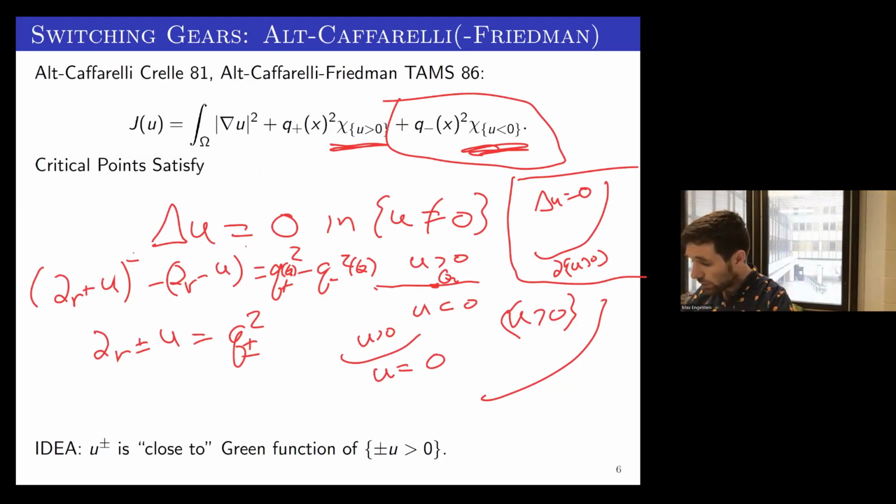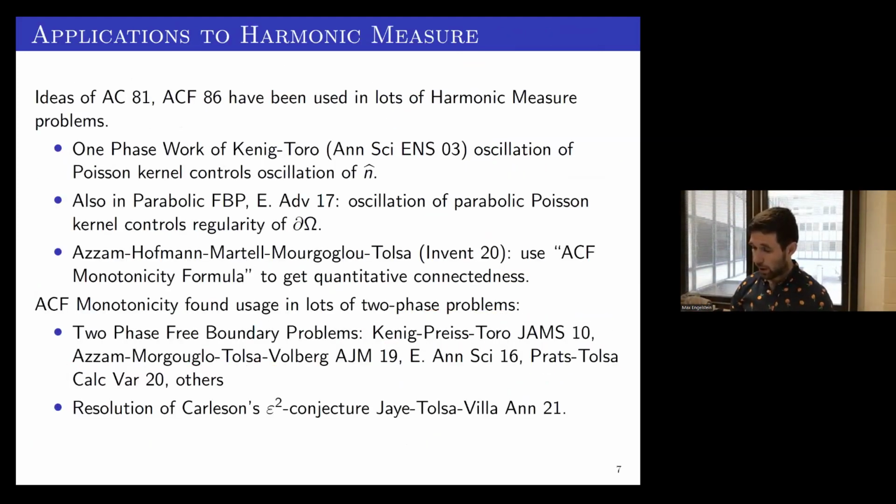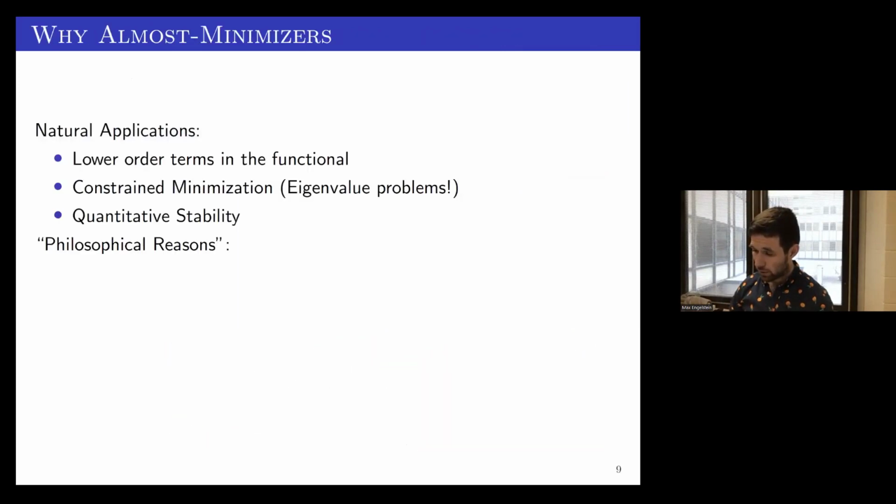If you know that this free boundary here is nice and smooth, then you know that the function itself is also going to be really smooth, right? Because you have this function that satisfies Neumann conditions or Dirichlet conditions on this very nice and smooth free boundary. So in some sense, understanding minimizers of this problem is a question of understanding what the free boundary looks like. So I just sort of wanted to make that point right there.